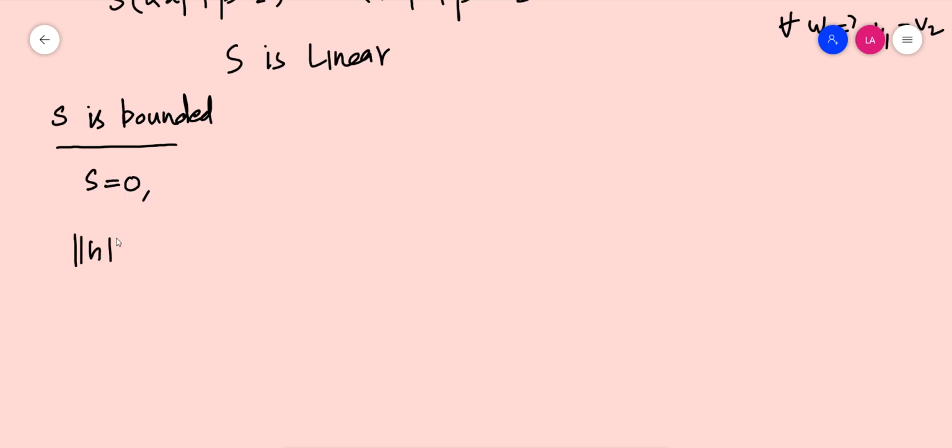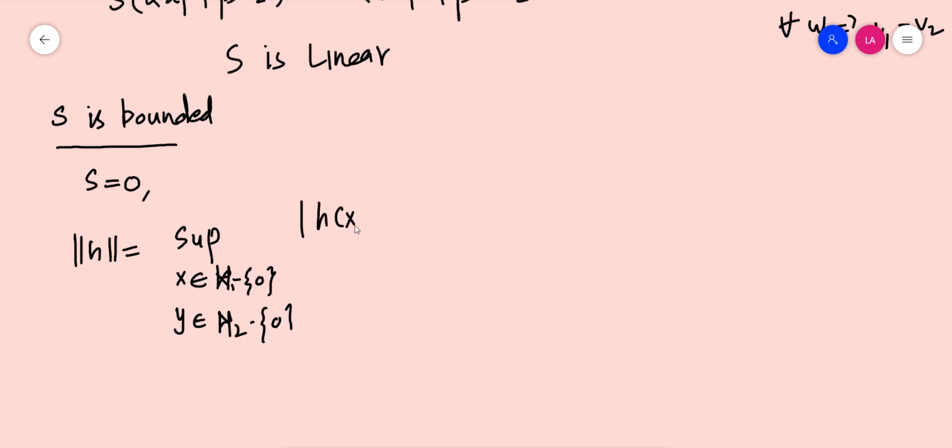We have norm h equal to the supremum over x in H1, y in H2 minus {0} of modulus of h(x,y) divided by norm x times norm y.